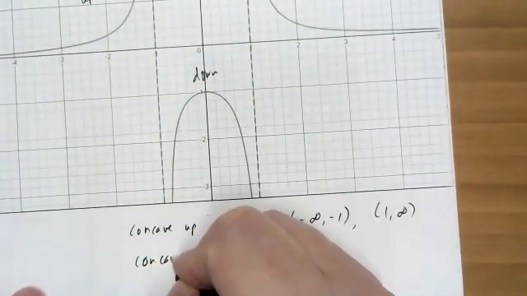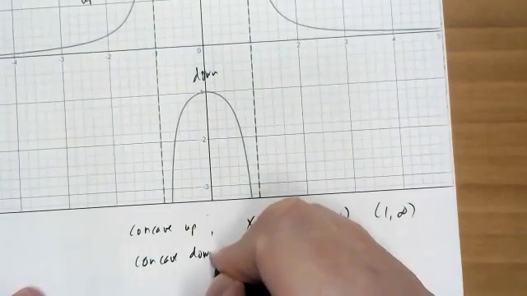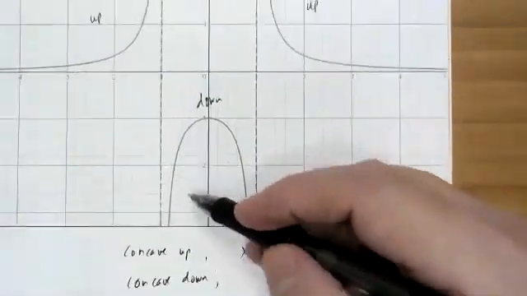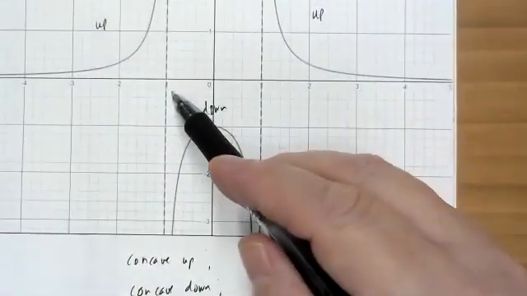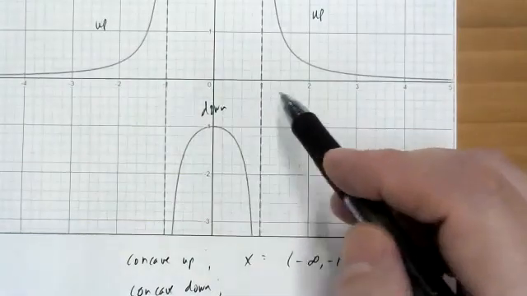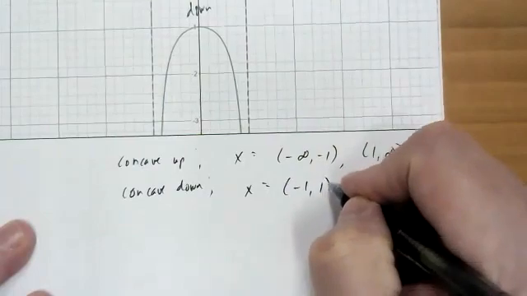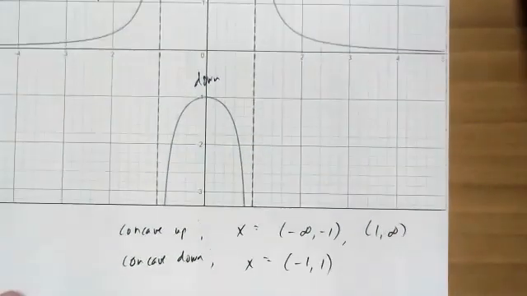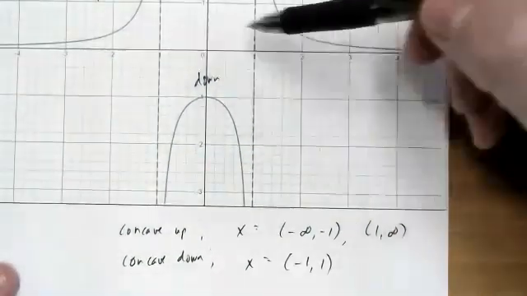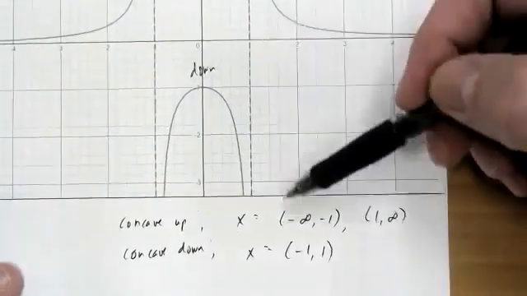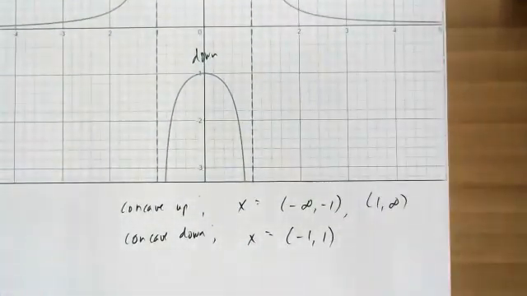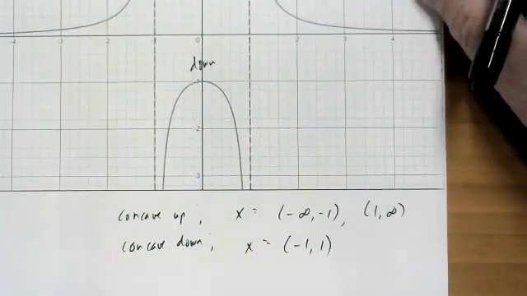Concave down is this middle part, and the value of x goes from negative 1 to 1. So it's concave down from negative 1 to 1. Because there are no points of inflection, I was actually able to define the intervals.